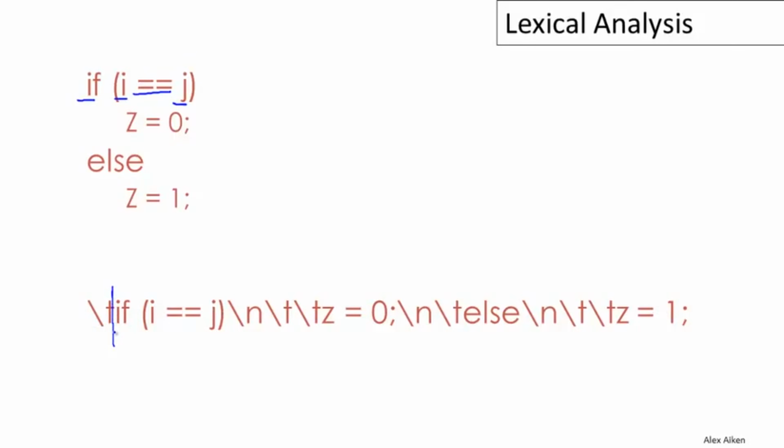So it'll recognize that there's a division between the white space and the keyword, then a division after the keyword, and some more white space, the open paren, the i, another white space, double equals, and so on. And it goes through drawing these lines, dividing up the string into its lexical units. And I won't finish the whole thing, but you should get the idea.